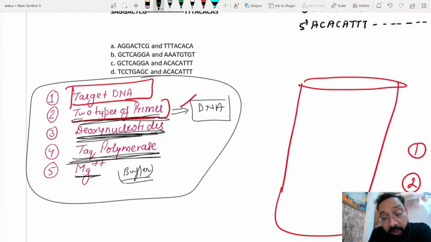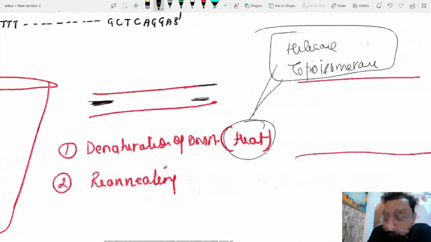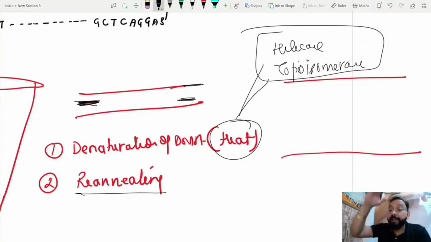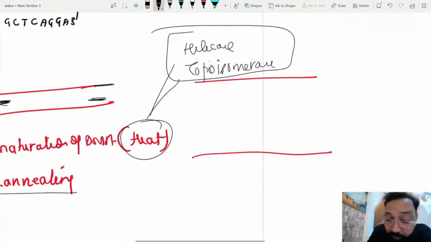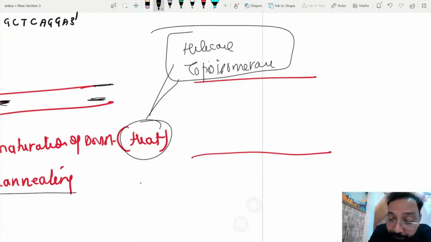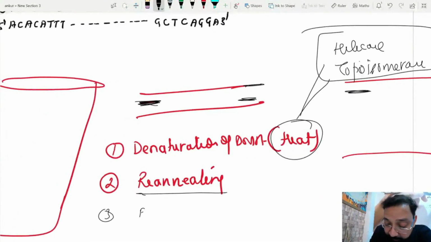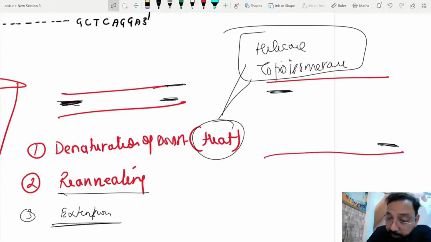Now we can start DNA synthesis. We took the target DNA, we heated it, denaturation, two strands are separated. Then annealing: when we decrease the temperature, these two strands bind with primers. Then third is extension. Extension means Taq polymerase will come and will extend this.